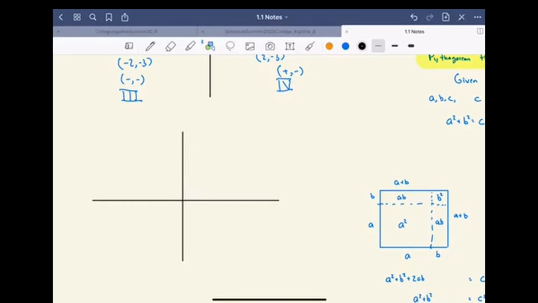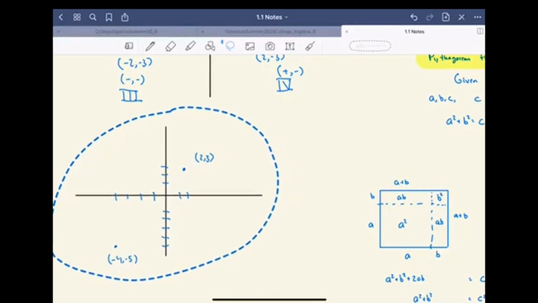Okay, and let's start with, say, the points (4, -5), (-4, -5), and the point (2, 3). Okay, so our problem is to find the distance between these 2 points.